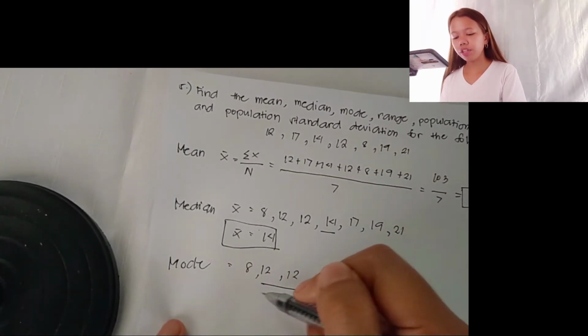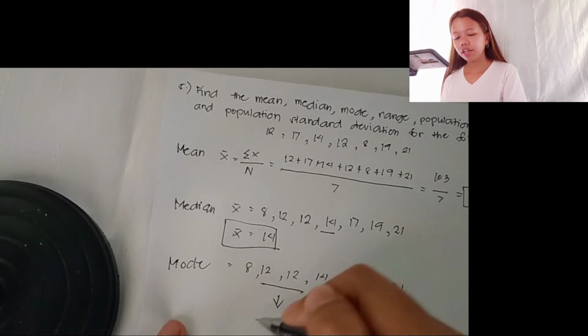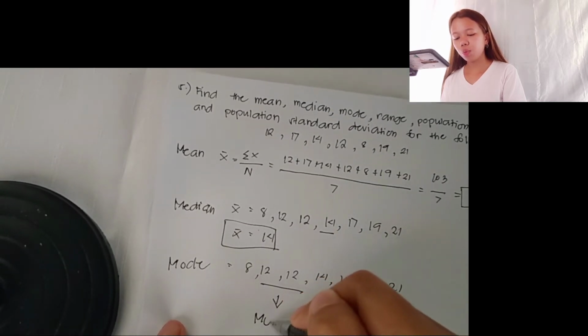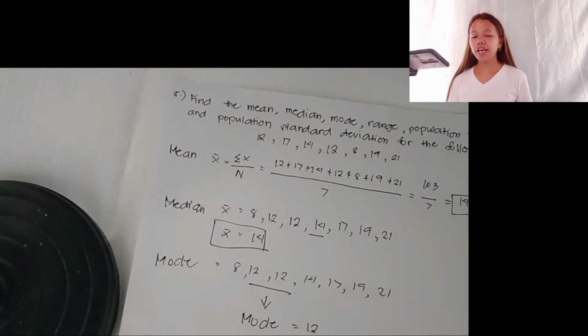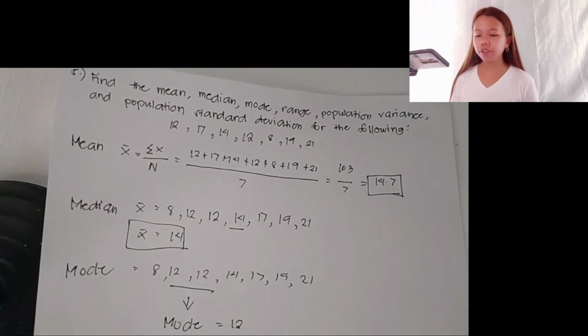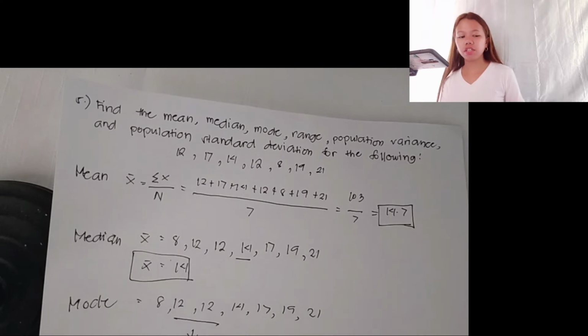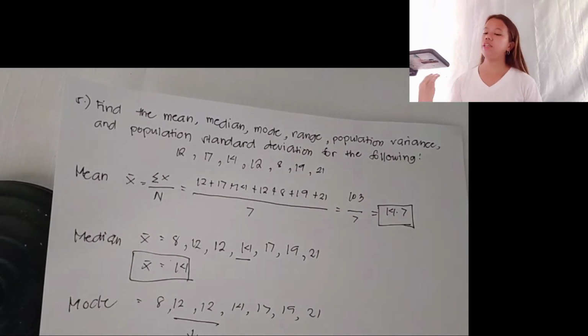So our mode here is 12. So next, let's find the population variance of the data.